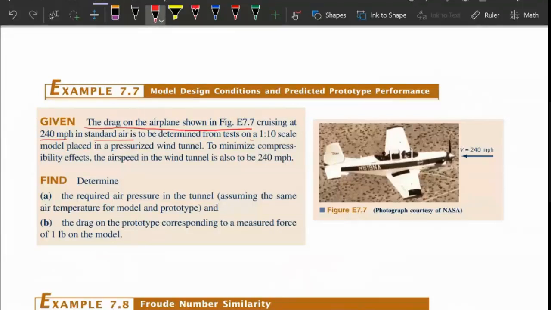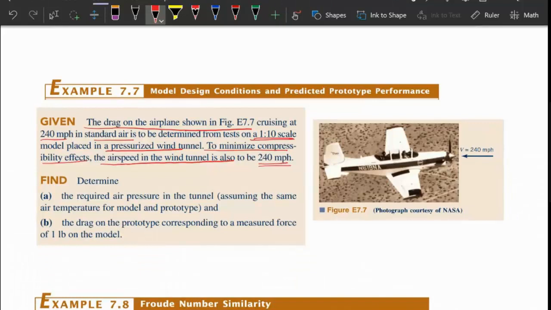Determine on a test of 1 to 10 length scale, my scaled model is placed in a pressurized wind tunnel. To minimize the compressibility effect, the air speed in the wind tunnel is also 240 miles per hour. So wind speed in the tunnel is given.